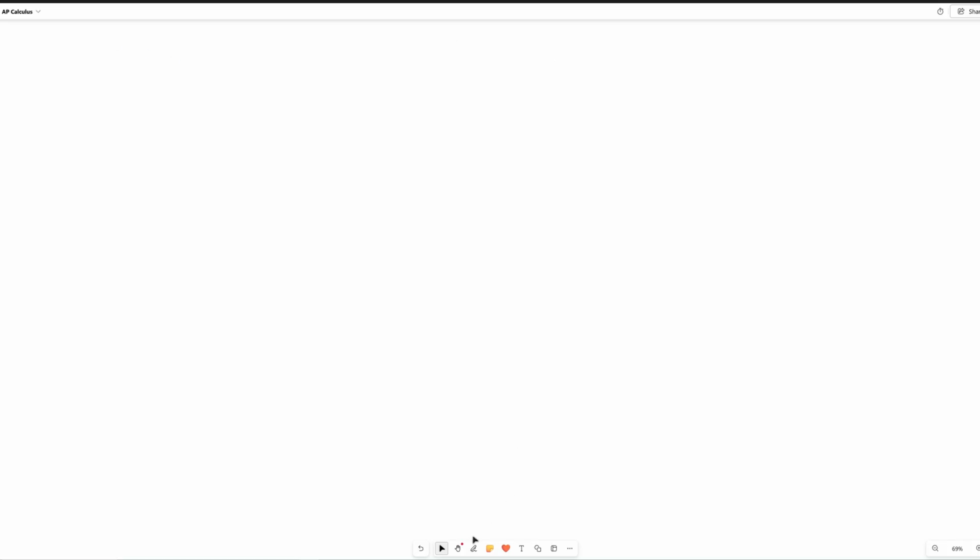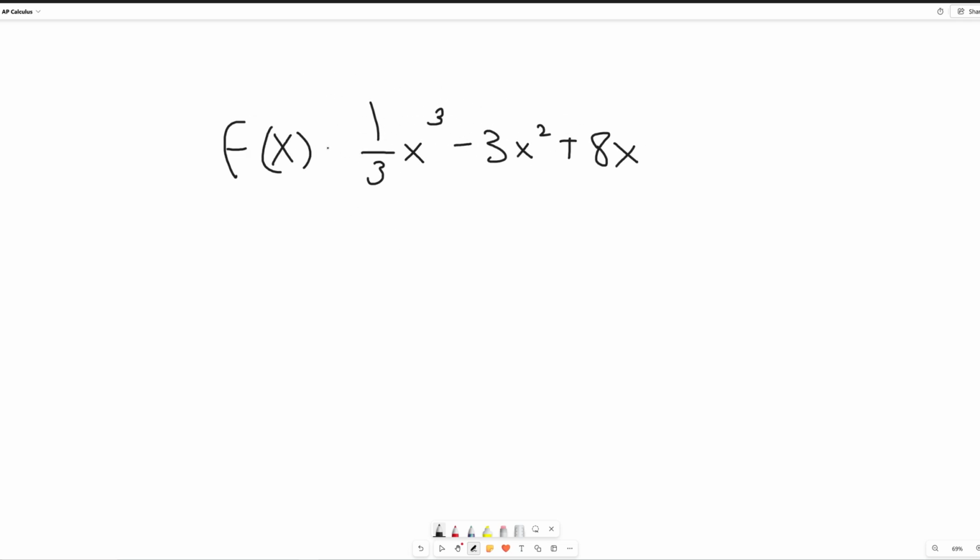So, let's take a little more complicated function than that. Let's take 1/3 x cubed minus 3x squared plus 8x. So, we have f of x here.